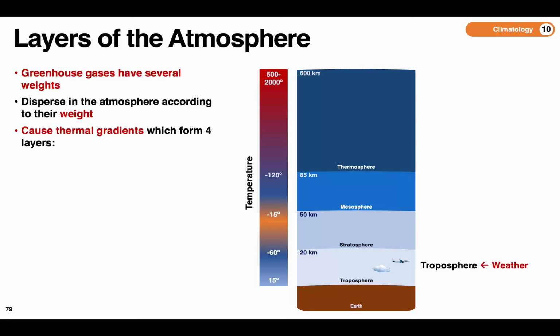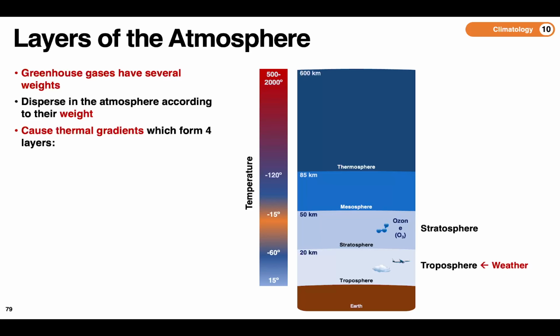The base of this layer is warmer than its top because the air is heated by the surface of the Earth, which absorbs the sun's energy. Now above that we have the stratosphere, the layered sphere, where the temperature increases with altitude. So yes, the higher you go, the warmer it gets.